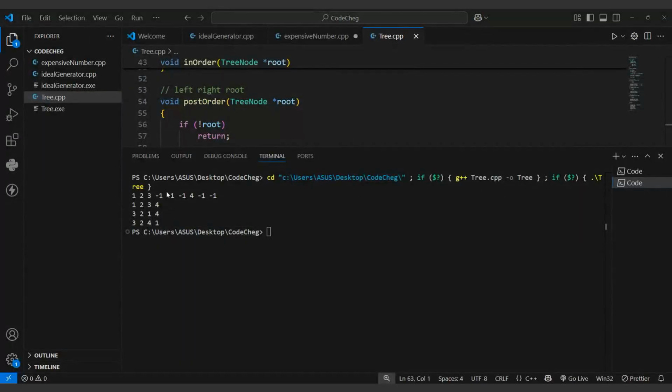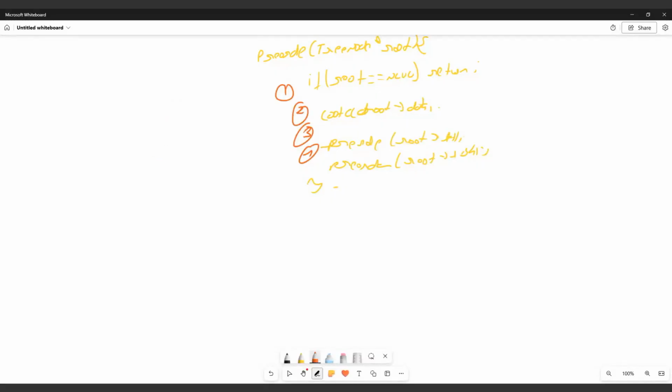If we do the dry run, this is our tree: one, two, three, four. What should be the pre-order? The pre-order is in which we print the root first, so 1, then 2, then 3, then 4.